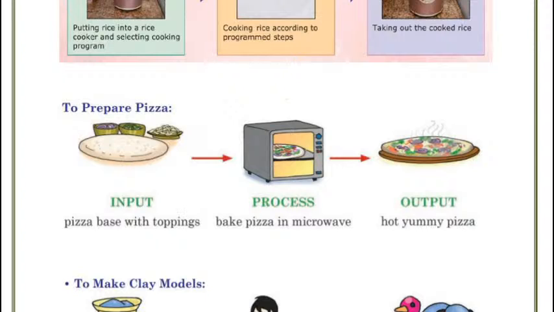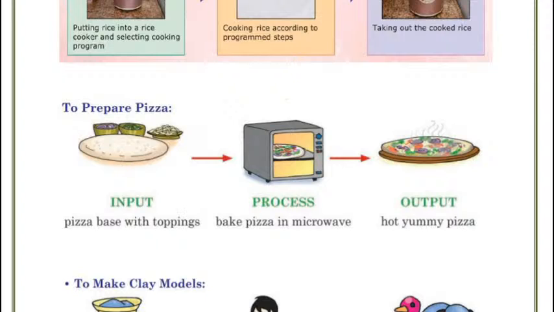Then it takes that many minutes for cooking the food. This is called the processing. After 10 to 15 minutes, you can take out your bowl or plate. Now the pizza is ready to eat.